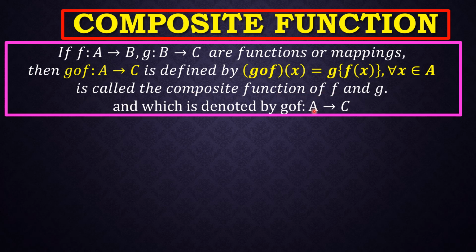Here we observe in given two functions, the codomain of the first function f is equal to the domain of the second function g. At this situation, we define one composite function, that is g circle f, a mapping from A to C. This is the composite function of given two functions.